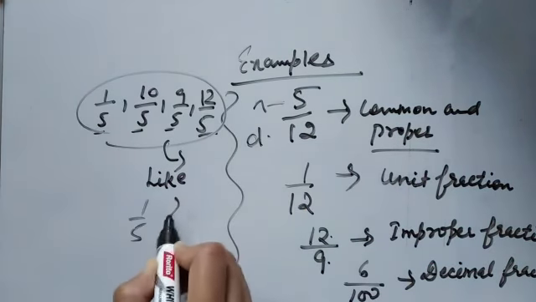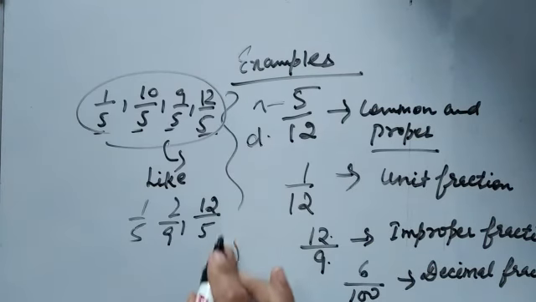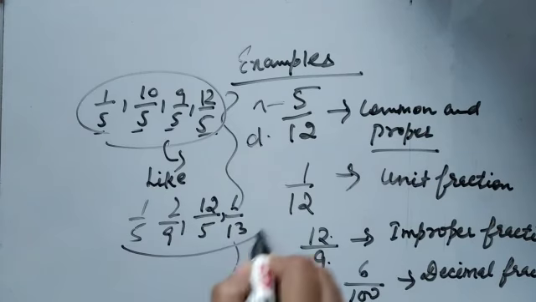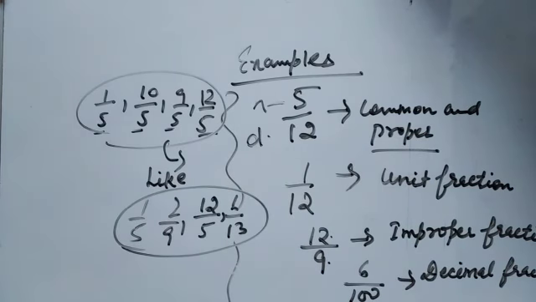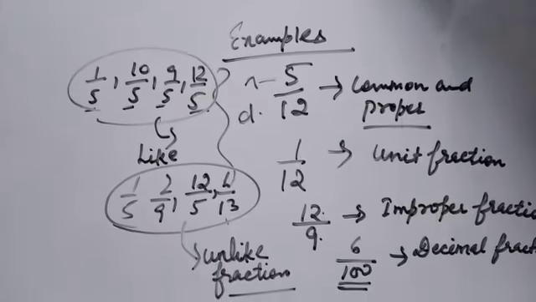If 1 by 5, 2 by 9, 12 by 5, 6 by 13, we can see here denominators are different. So this is unlike fraction. So these are some examples.